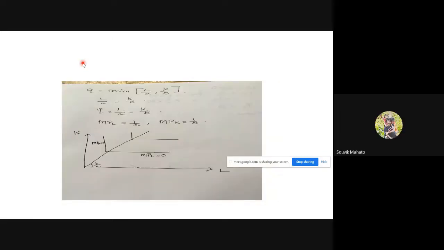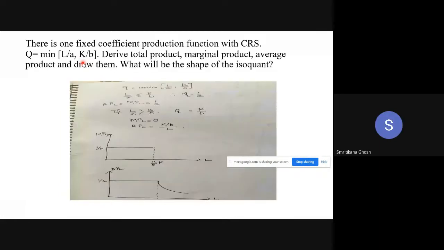Ma'am, will the answer be the same for IRS and DRS? No, definitely not. Because weightage difference will be there. In the case of L by A, K by B, here it is equal weightage because it is CRS.